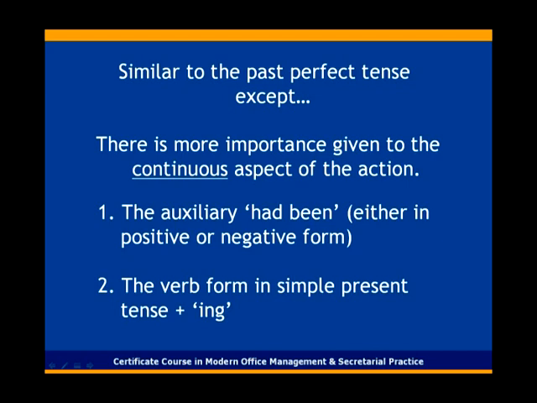The construction of the sentence should be like this. The subject is followed by the auxiliary had been, either in positive or negative form, and the verb form is in the simple present tense plus ing.